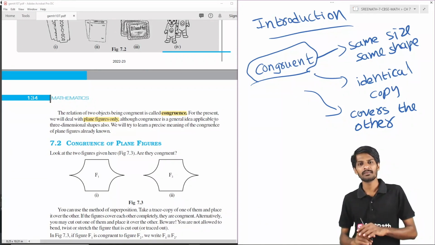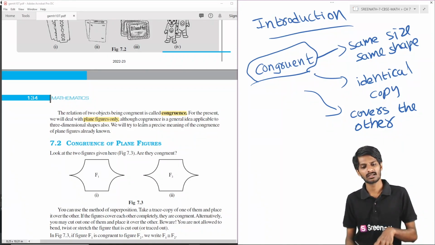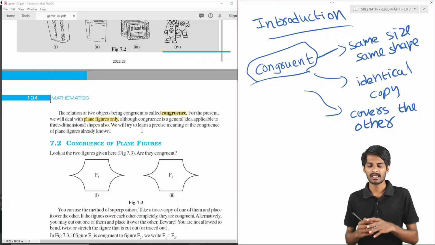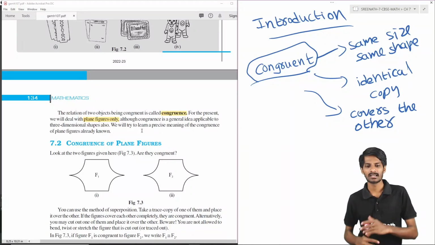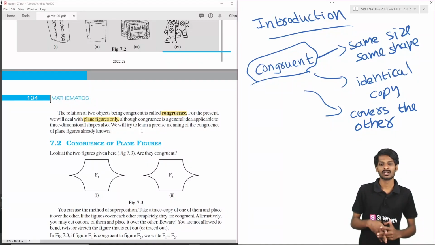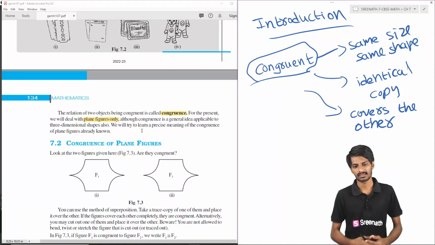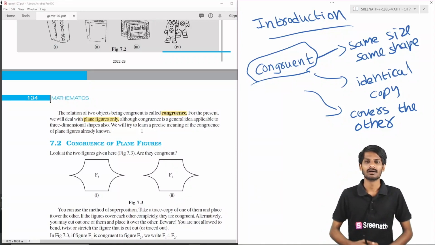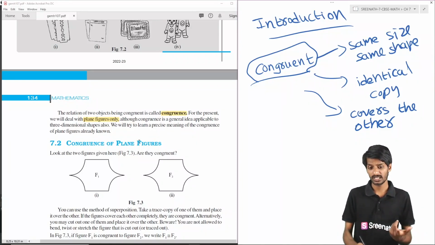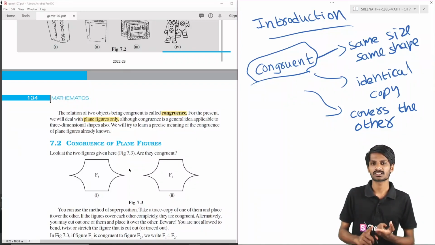Okay, so why are we studying plane figures? First we will study plane figures, later in the higher classes we will discuss all other things, students. In the beginning, we study starting from line segments. They are one dimensional.